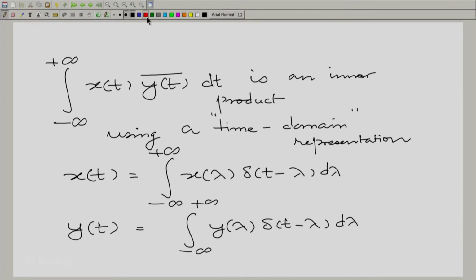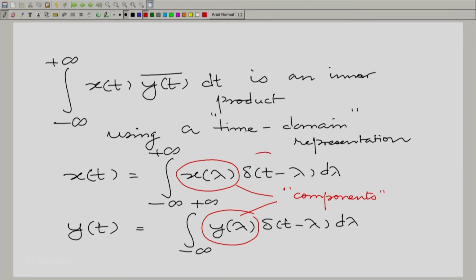So, what we really meant was that you could think of x(lambda) and y(lambda) as the components, and you could think of the delta(t minus lambda) as the orthogonal basis. Now, in this particular case, the orthogonality is trivial, because any two impulses which do not coincide are non-overlapping. So, their inner product is trivially 0.